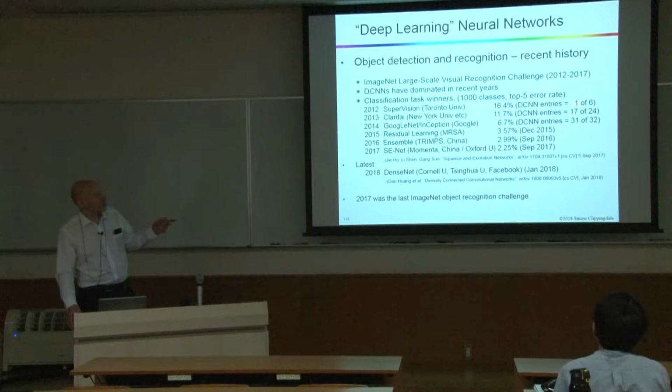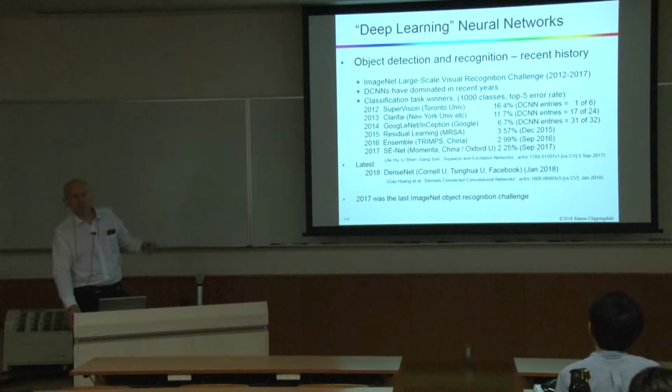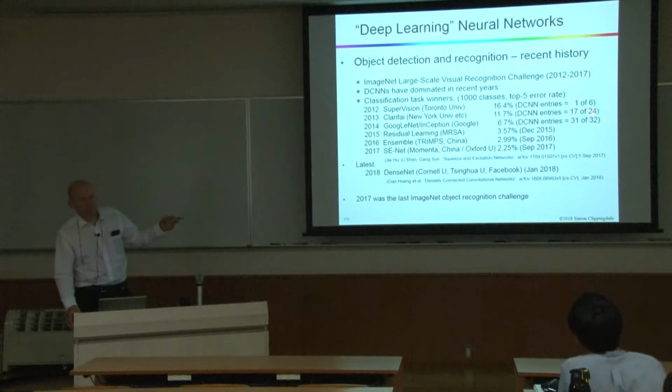In that competition, there was only one convolutional neural network entry from 6 entries. Most of the rest will have used things like support vector machines. Then the next year, these people got the error down to just under 12%. This time, 17 of the 24 entries were deep learning networks.